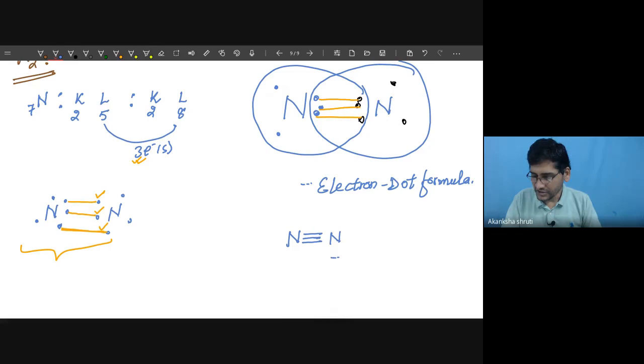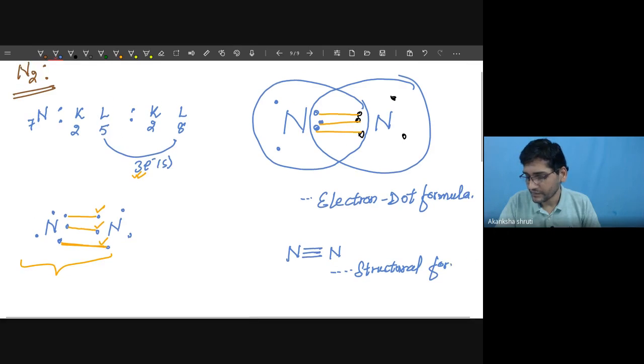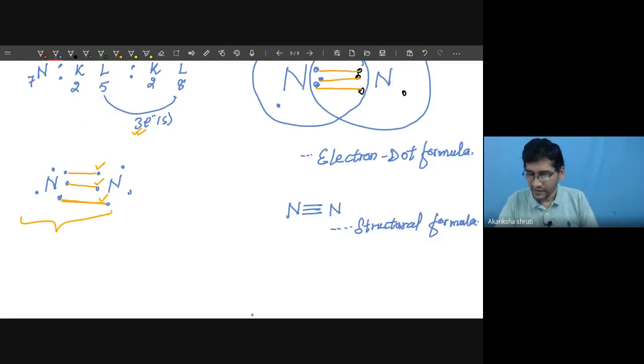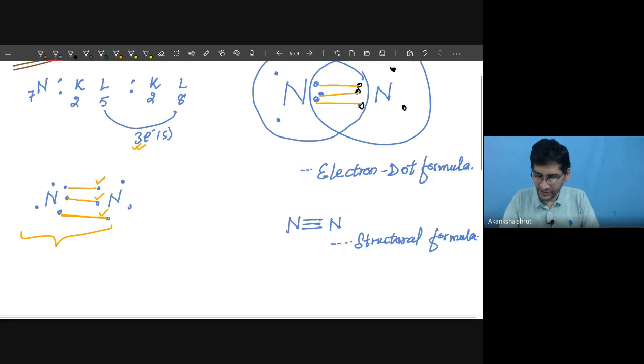This structure is called the structural formula, or bond formula. Sometimes it is also denoted like that.